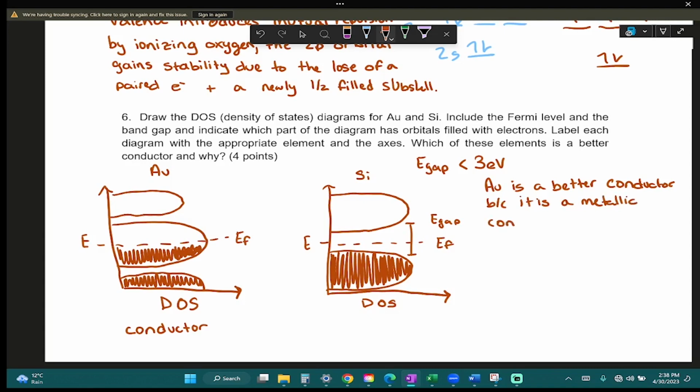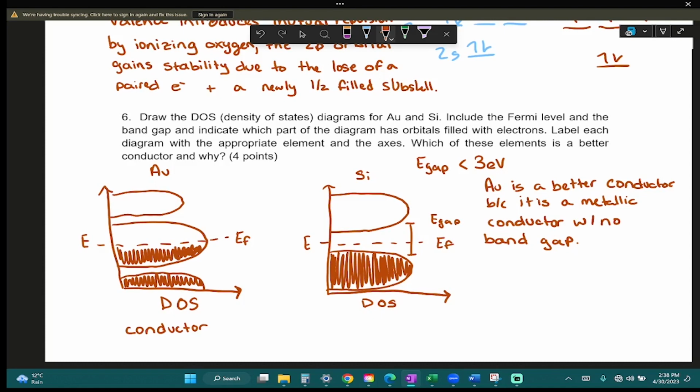Metallic conductor with no band gap. And then, like we said, silicon is a semiconductor, so while it can conduct, there is an energy cost to promote that electron over that band gap.